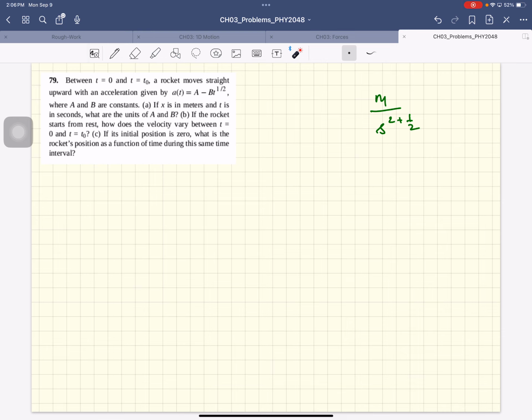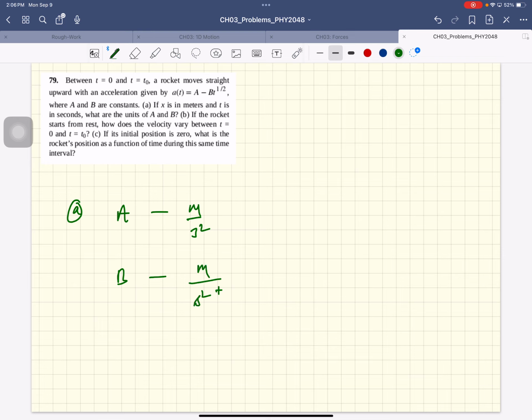So B has units of meters per second to the power 5/2. Again, if x is in meters and t is in seconds, what are the units of A and B? Units of A are meters per second squared and B are meters per second squared plus 1/2.